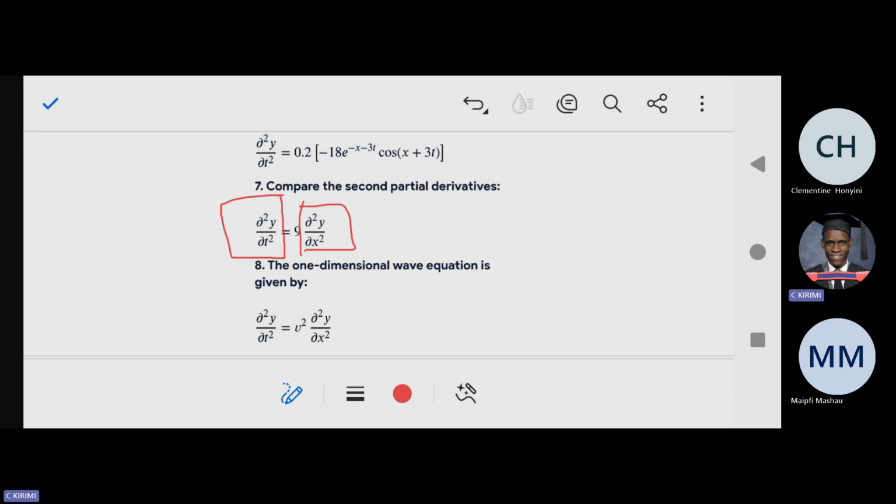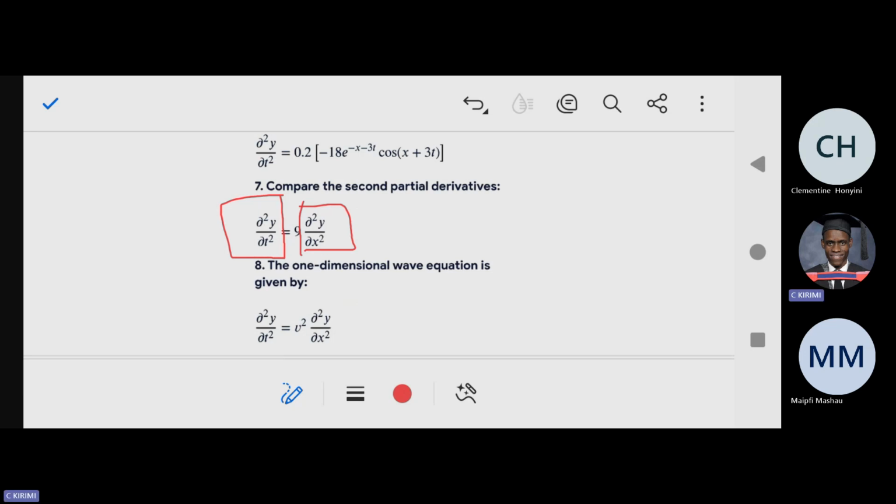We are going to equate those two equations. Yes, that is the mission. First, you get the second derivative of y with respect to x. We go and differentiate the same equation again with respect to time, first and second. Then we equate the what? The equations. Then we are done.